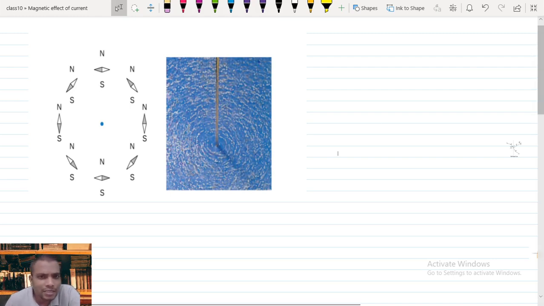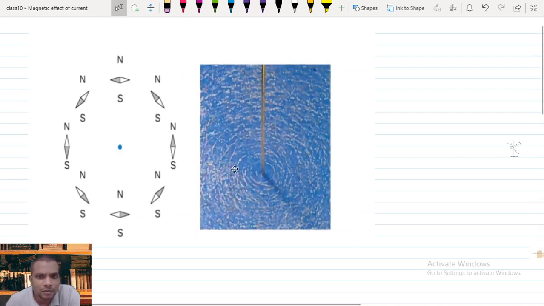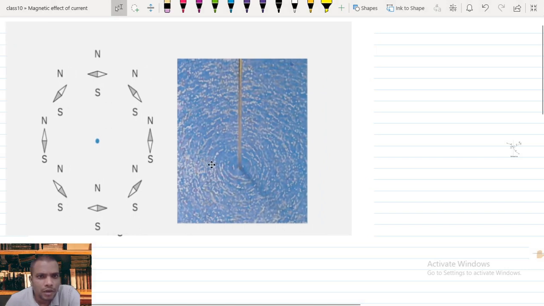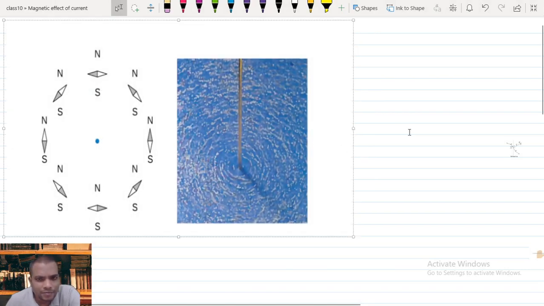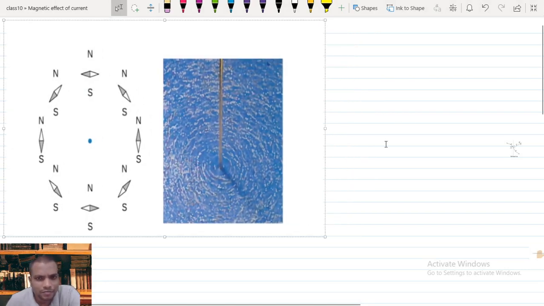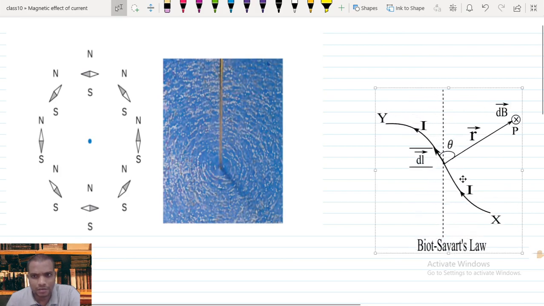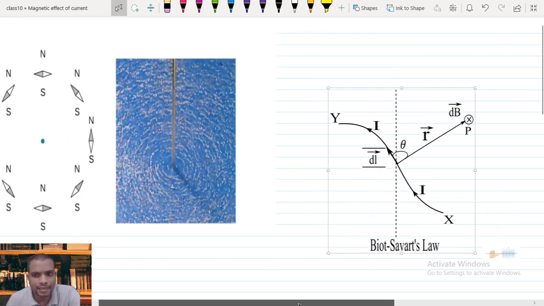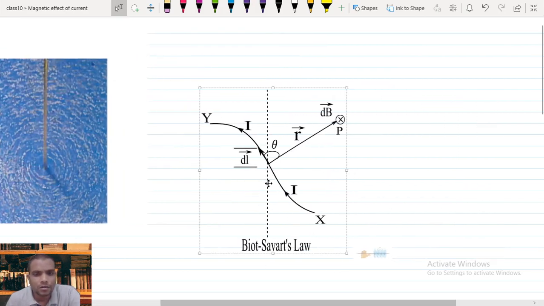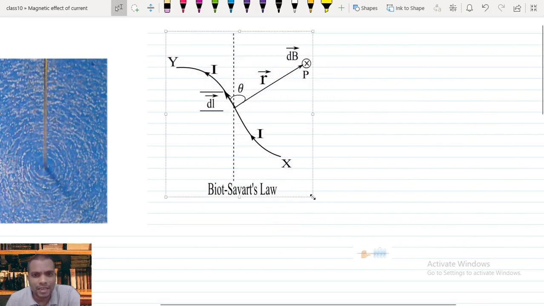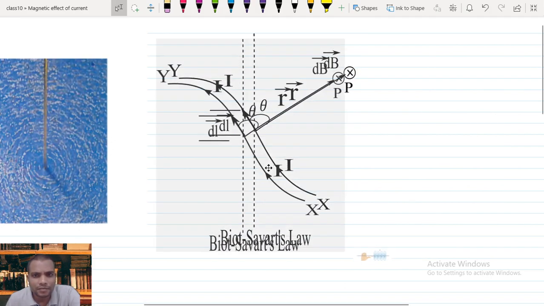The iron filings form concentric circles around a current carrying conductor, and we tried to figure out what is the mathematical expression for a current carrying conductor. Suppose this is a current carrying element, an infinite wire.